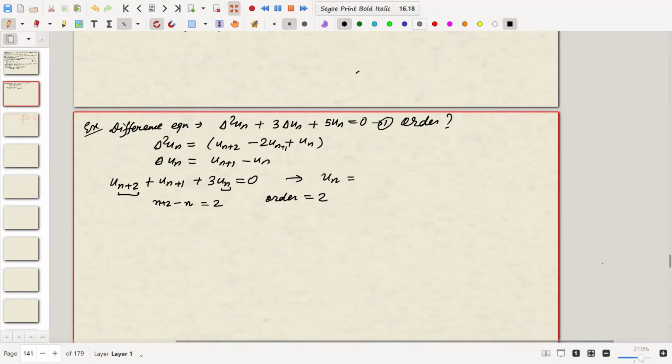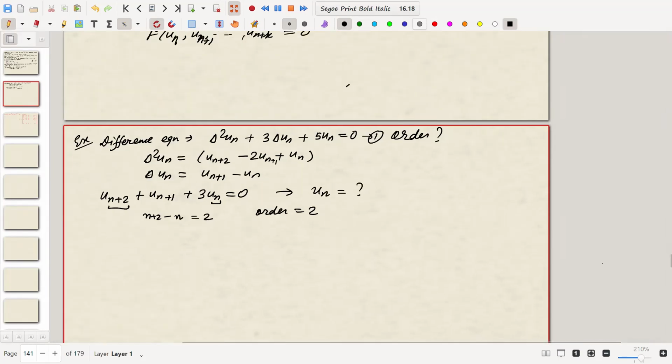Your interest is to find u(n), so that you can predict what happens to her income as n tends to infinity. Suppose I have 10,000 rupees now in my bank account. After 2-3 years or after 10 years, what should be my value? That I can compute using this difference equation.